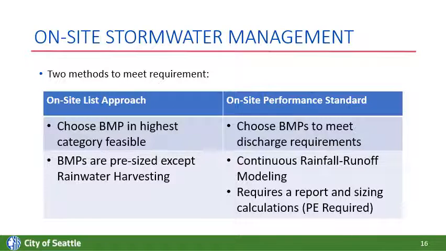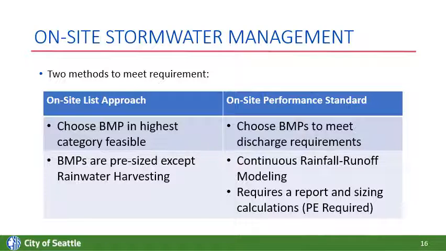On-site stormwater management can be met with two approaches. There is the on-site list approach, which is really the most common, especially for smaller projects, and the on-site performance standard.